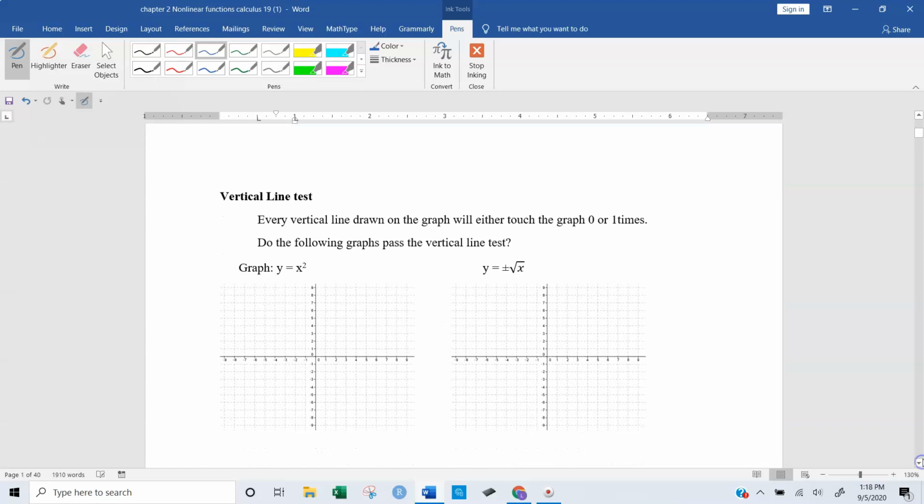Okay, vertical line test. If you draw a vertical line, it means the same thing. So the vertical line represents the x value. It can only hit the function once, because the function represents the y value. If it hits it more than once, then it is bad. So graph and explore, see if you can get it. So here, your x squared is your parabola.